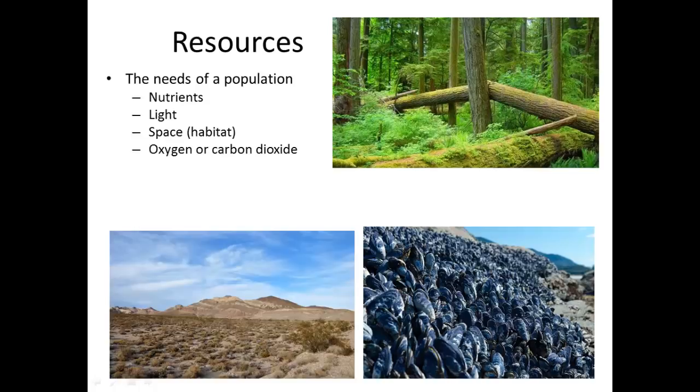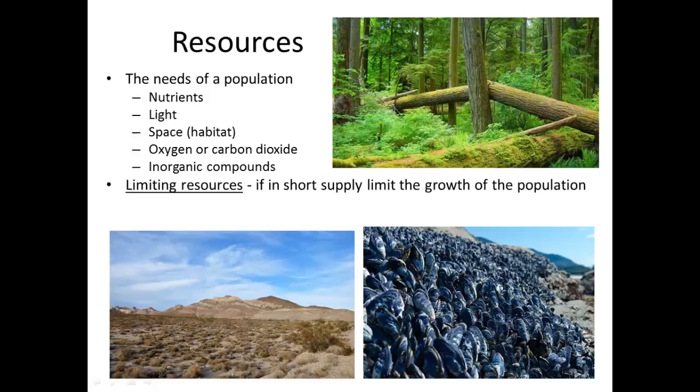Oxygen or carbon dioxide in most instances, right? Inorganic compounds, which are important for synthesizing proteins, and phospholipid bilayers and the macromolecules, which are important for life. Limiting resources, then, are those that are in such short supply that they limit the growth of the population.